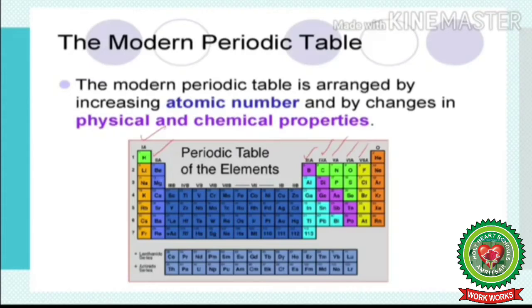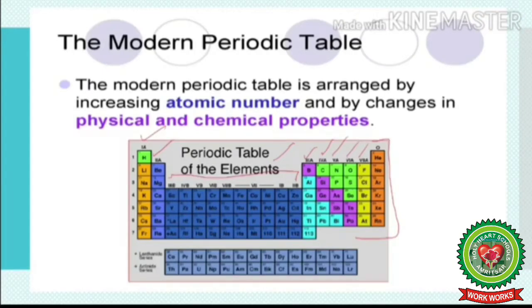The elements of group 3 to group 12 are known as transition elements. Their two outermost shells are incomplete. Then the elements of group 0 or group 18 are known as inert gases or noble gases.